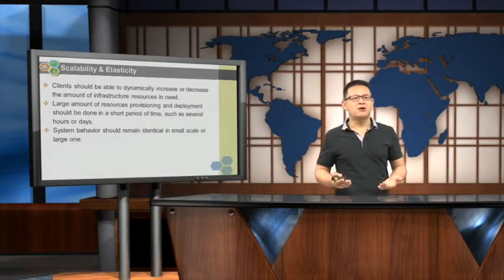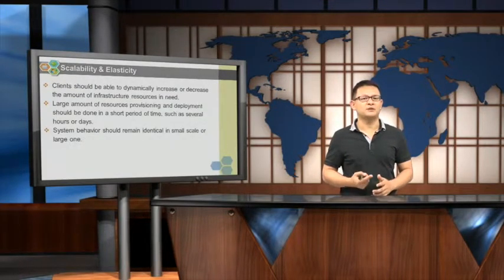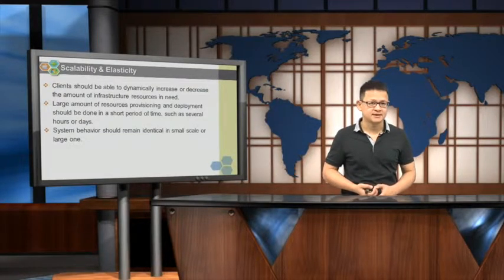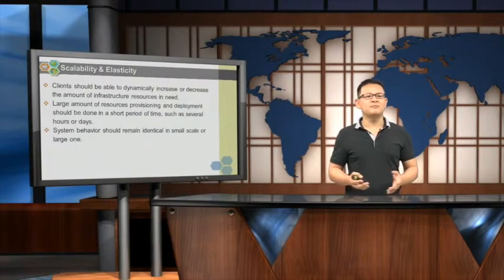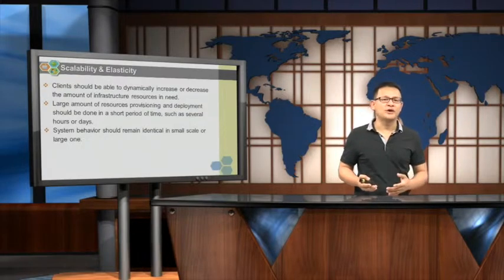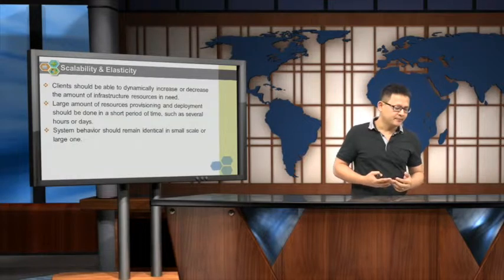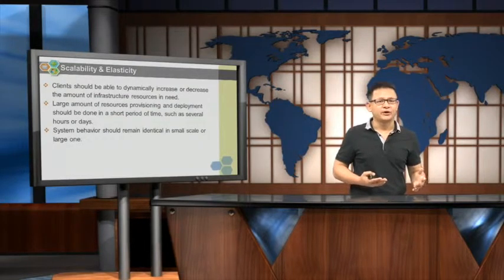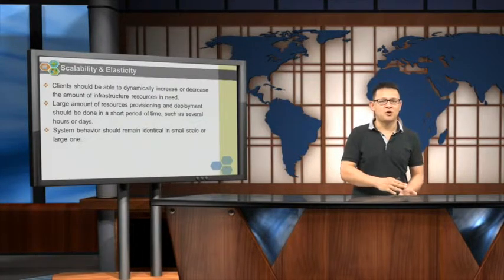And a large amount of resource provisioning and deployment should be done in a short period of time, such as several hours or days. So this should be very quick, even less than that. System behavior should remain identical at small scale or large. So for example, if at some point I don't need large resources, I will reduce to a small scale, a small number of resources.